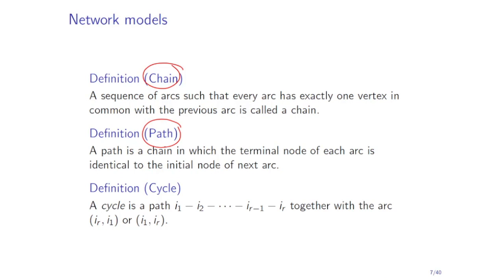These two are very similar concepts, and in most cases they are used interchangeably. Actually, if you want to be more rigorous, we should say that a chain is defined on undirected graphs, and when we are talking about directed graphs, we prefer to use the term path.